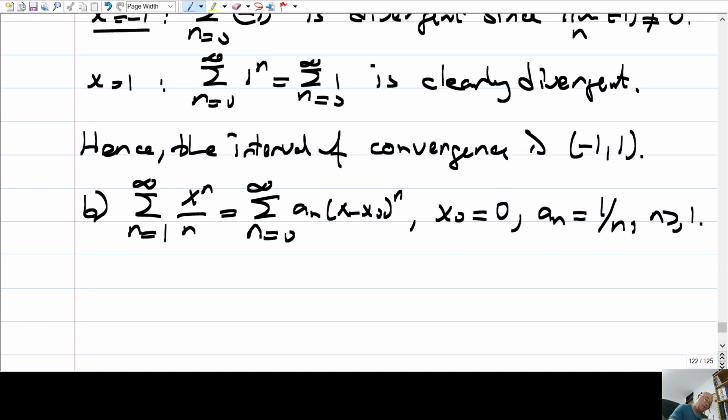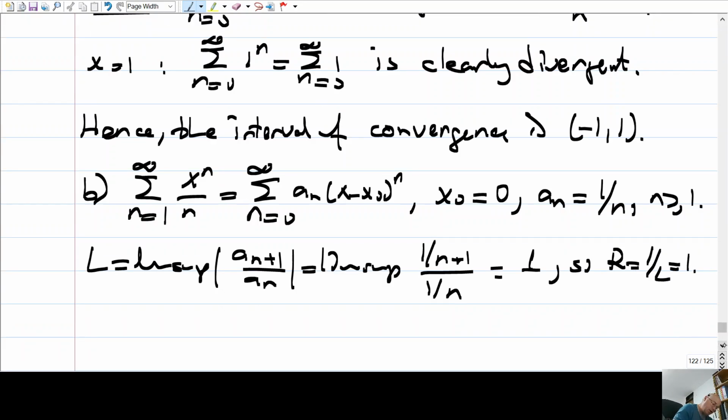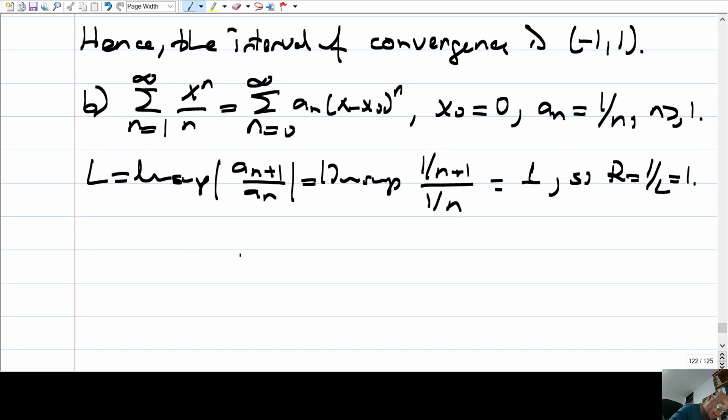Okay. So what is L then? Lim sup of a(n+1) over a(n). Well, this is lim sup of 1 over (n+1) over 1 over n. Well, this is just n over n plus 1, and its limit is just 1, right? So again, r is just 1 over L, which is 1. So the radius of convergence is again 1.